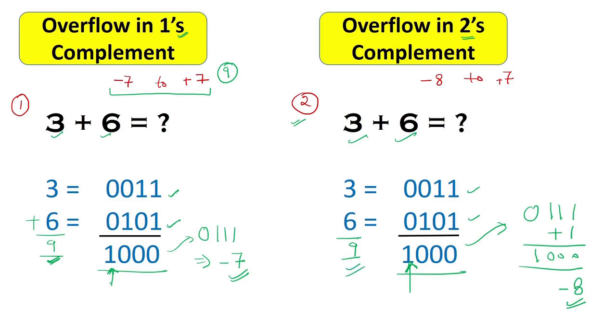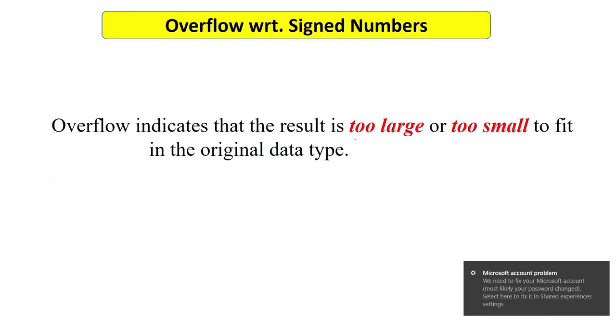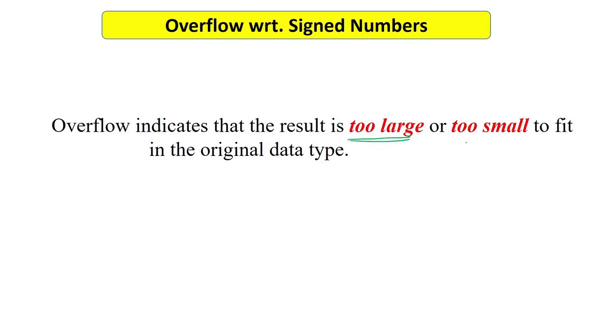Again we can see this 9 is actually going out of this range. So these are examples that in the positive case also we can get overflow. We can interpret overflow in another way also. Overflow indicates that our result after performing the addition or subtraction or any arithmetic operation is either too large or too small to fit in the original specified number of bits.